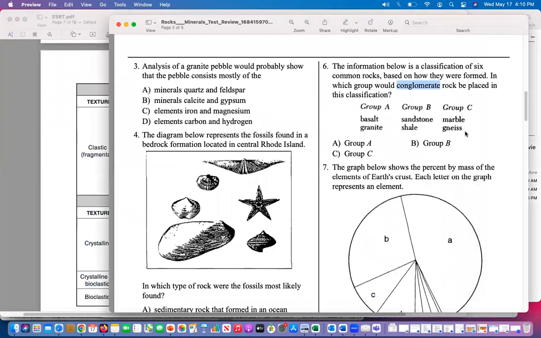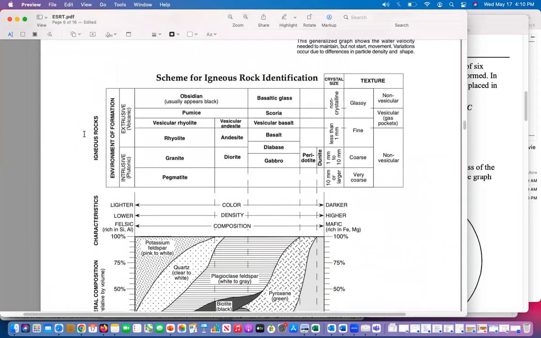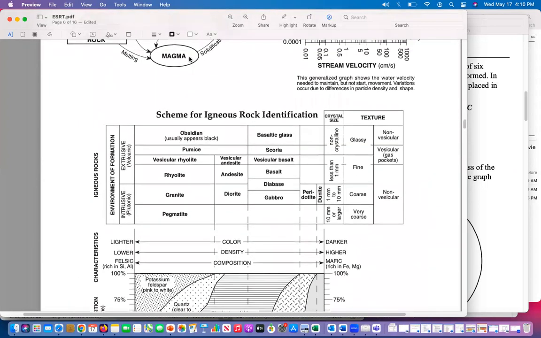When I'm looking at these other groups, in a classification of 6 common rocks, let me see what's so familiar about Group A, basalt and granite. Where have I seen those words basalt and granite? Oh, I know, right here. Basalt and granite. They must mean igneous rocks.